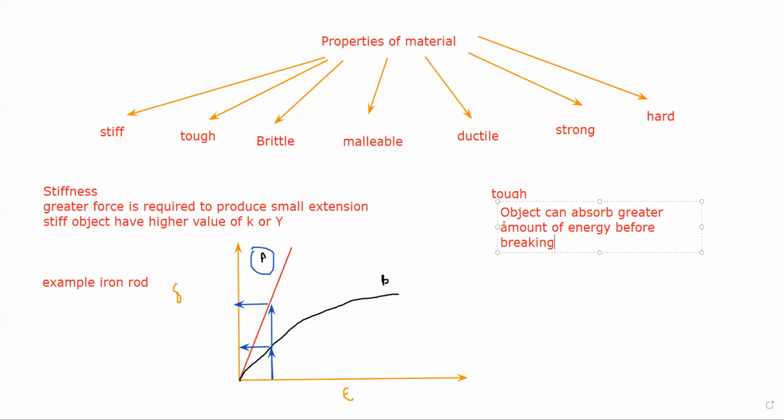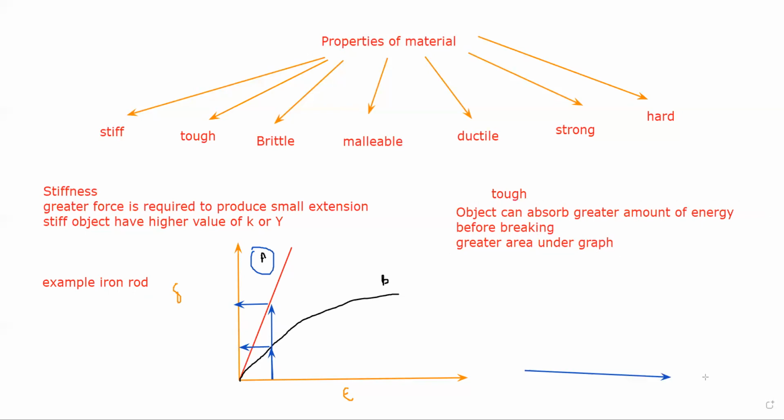So when an object can absorb a greater amount of energy before it breaks, we call the object tough. And if the object is tough, it will have a greater area under the graph. Means when we work out the graph, it will have a greater area.